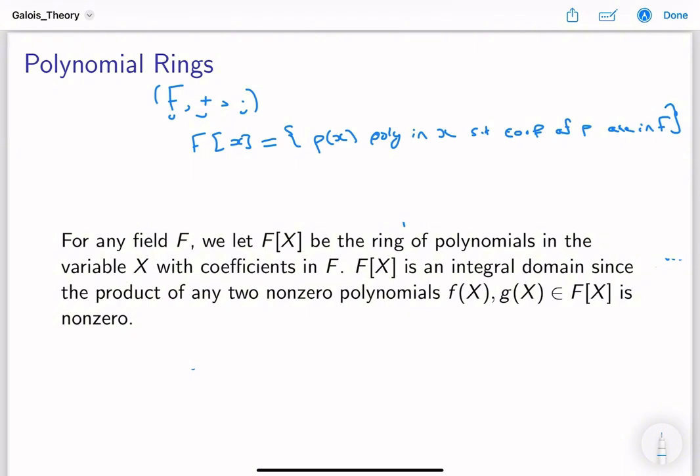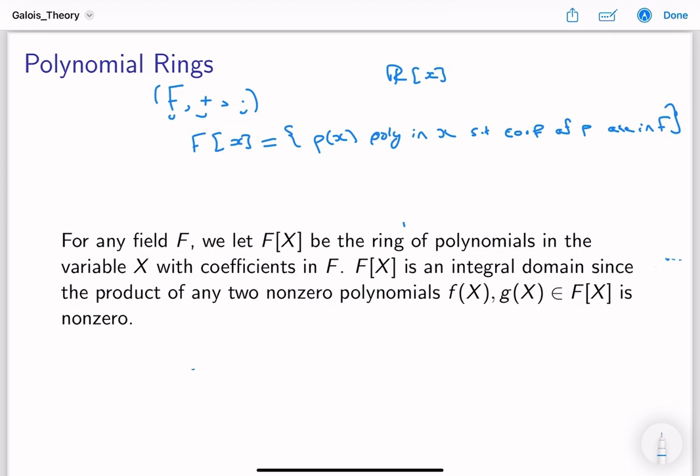We take all the polynomials and we require their coefficients to be in the field F. For example, R adjoint x is just the set of polynomials with real coefficients.